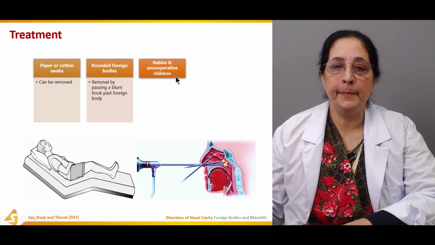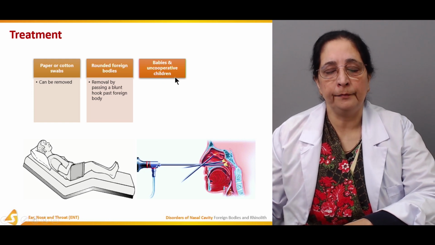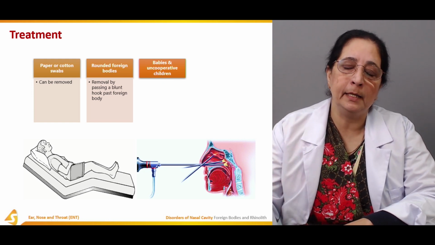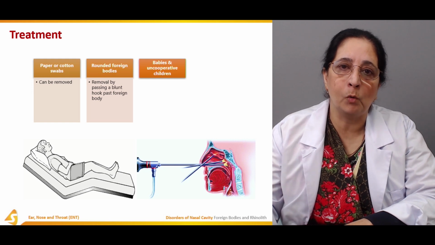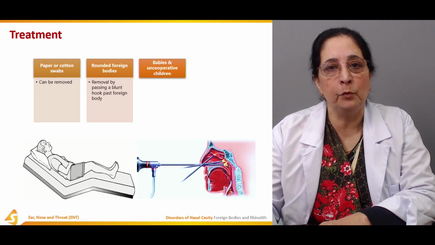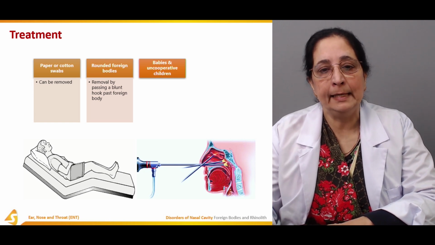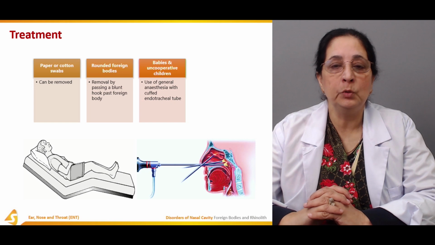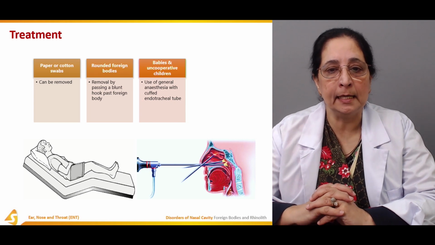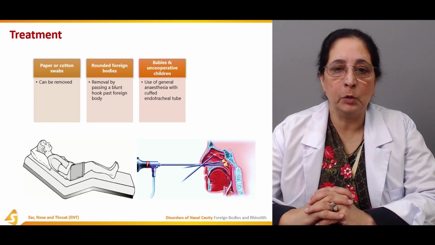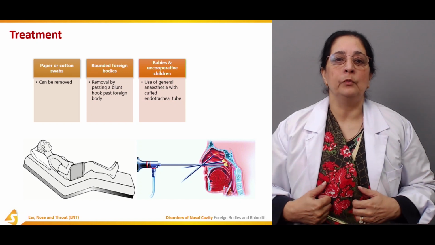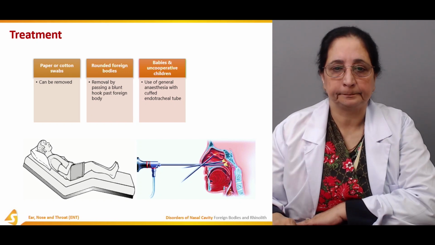If the foreign body is present in babies, or in uncooperative children who are moving too much and not allowing the handling, then we can use general anesthesia with a cuffed endotracheal tube to remove the foreign body.